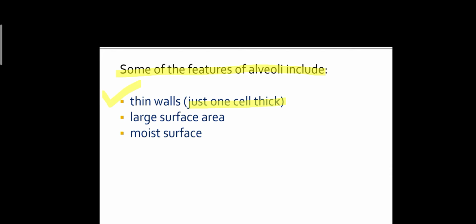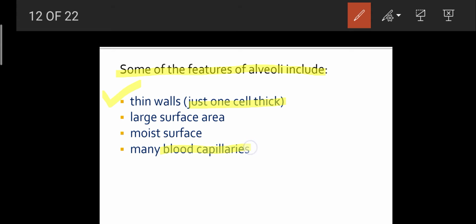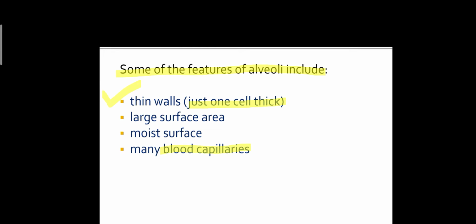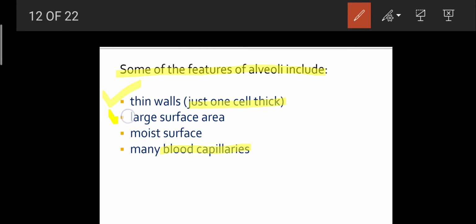The third one is a moist surface. The fourth one is many blood capillaries. So we can say that alveoli have thin walls, a large surface area, a moist surface and many blood capillaries.